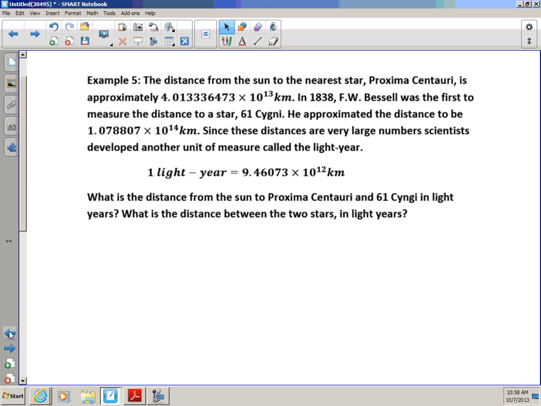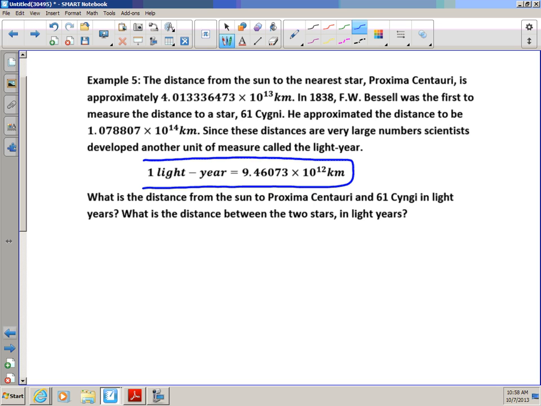So instead of describing their distance in actual kilometers with some large exponent, they've come up with light years. And this is the formula for light year. 1 light year is 9.46073 times 10 to the 12th kilometers.